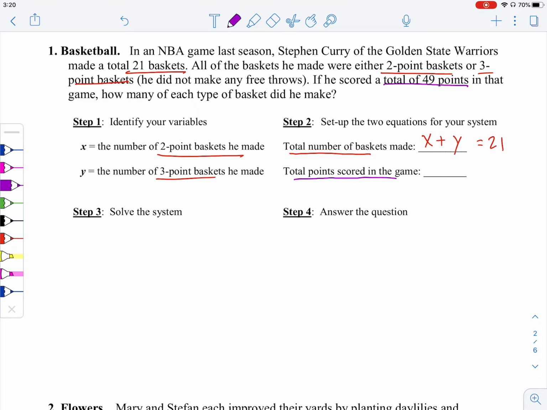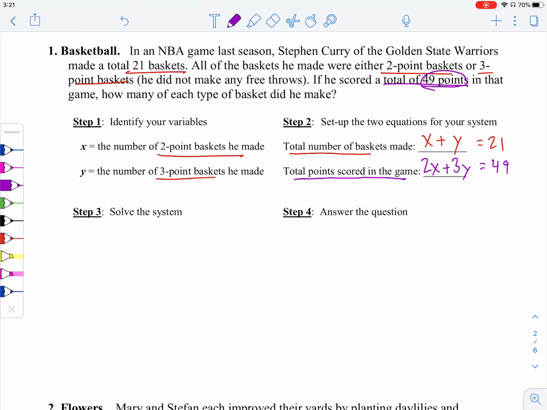So now the total points scored in a game. Total points was 49. So it's going to be equal to 49. And you get 2 points for each 2-point basket, 3 points for each 3-point basket. So when you write it out, 2 times the number of 2-point baskets will give you your points for 2-pointers, plus 3 times the number of 3-point baskets will give you the points for 3-pointers.